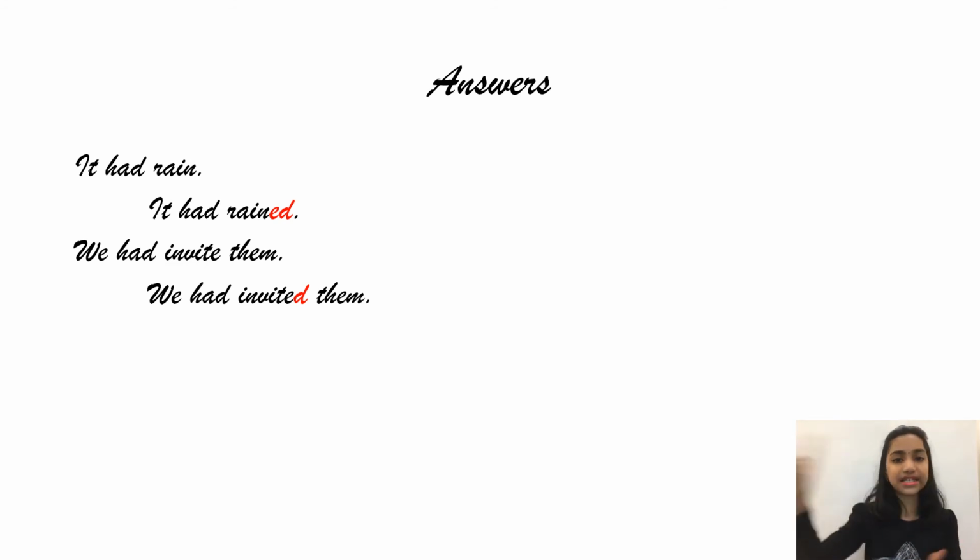The verb is not in the past participle form. Look at the question clearly. Yes, it doesn't have the D, right? So that's the mistake. We should add a past participle after had, the helper verb for past perfect tense.